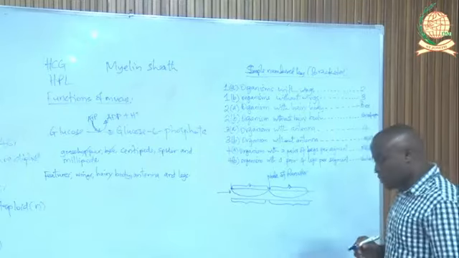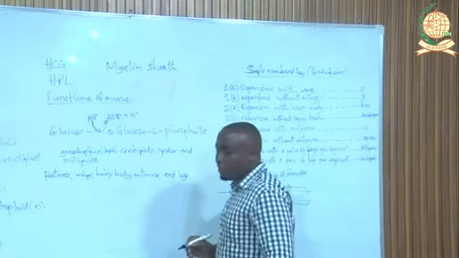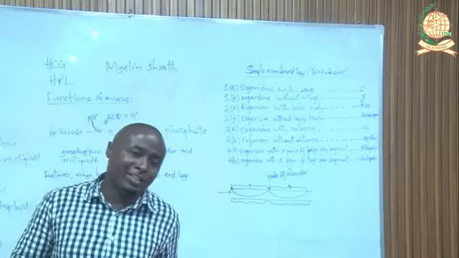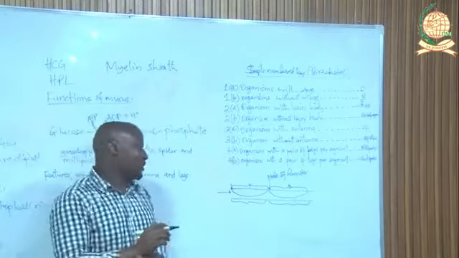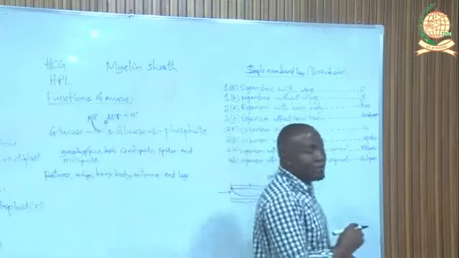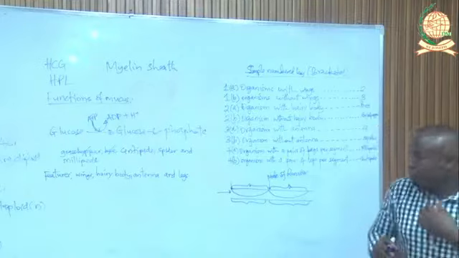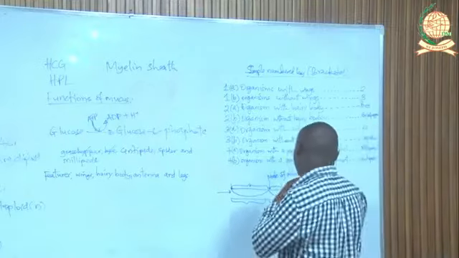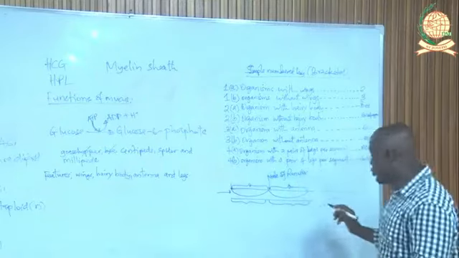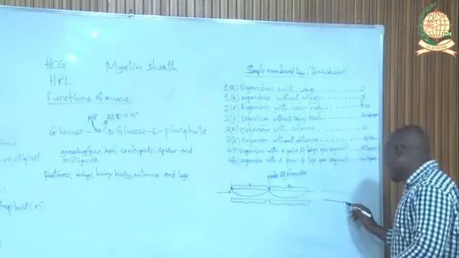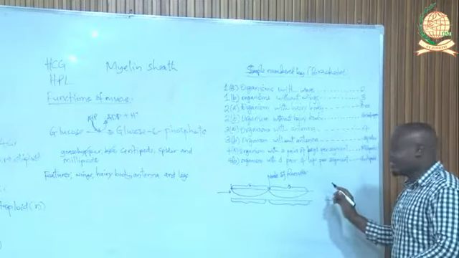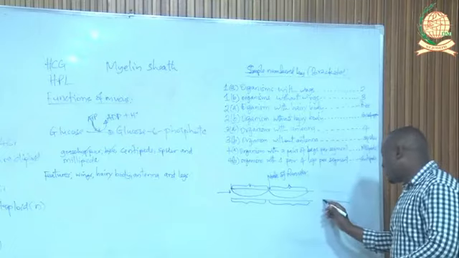So axons with a myelin sheath are said to be myelinated. Myelinated axons conduct the nerve impulse faster than the unmyelinated ones. For the unmyelinated ones, that means there is no myelin sheath, and therefore almost every portion becomes permeable to sodium.